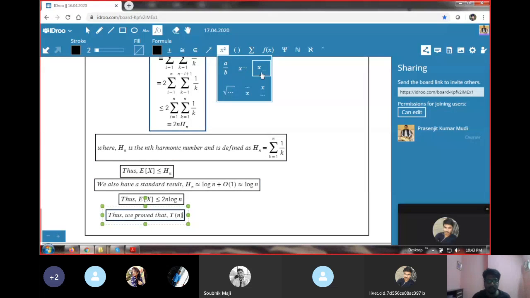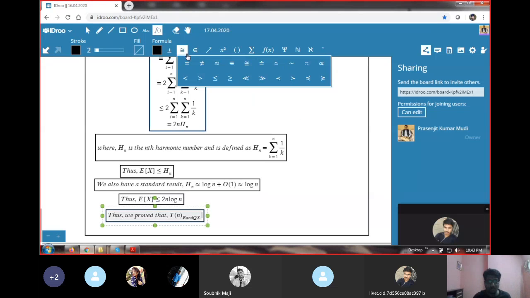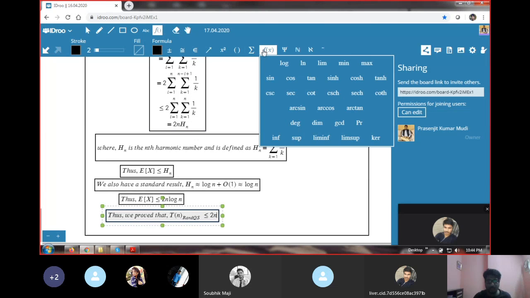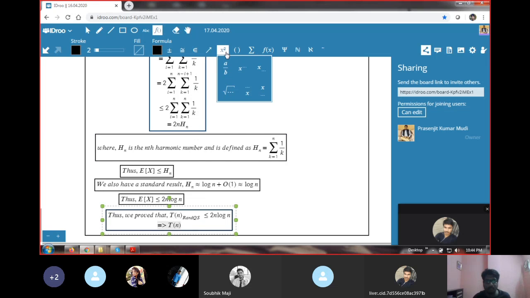So the time is greater than or equal to c n log n plus Tn.